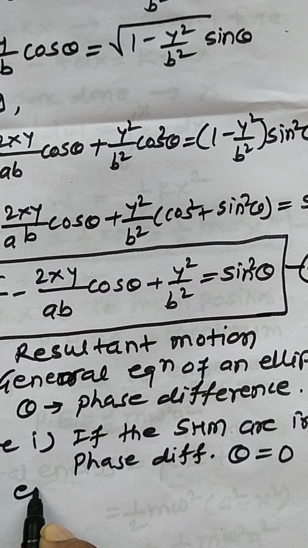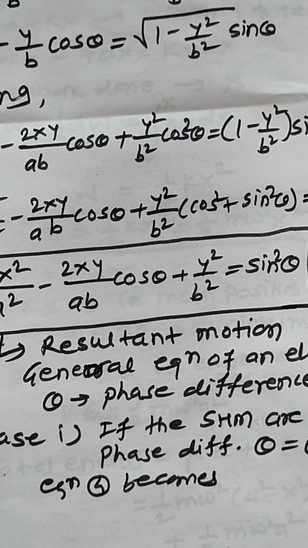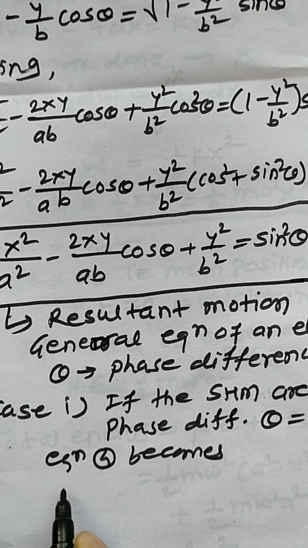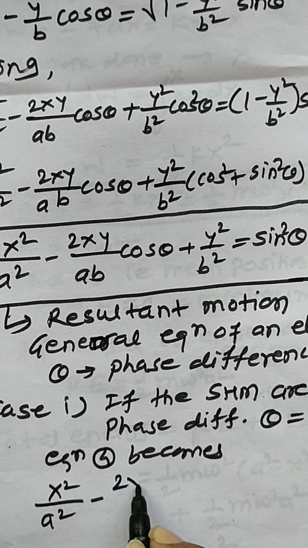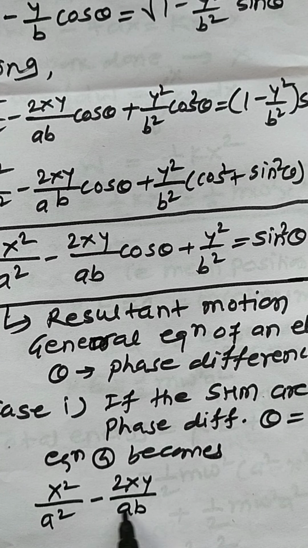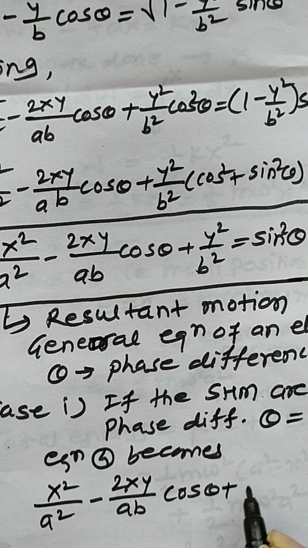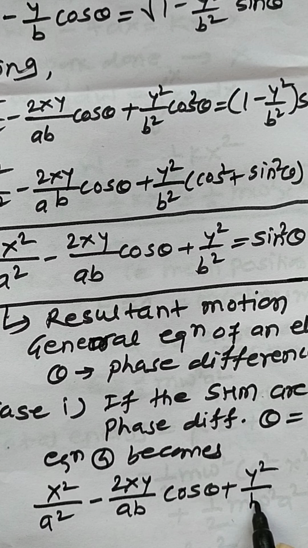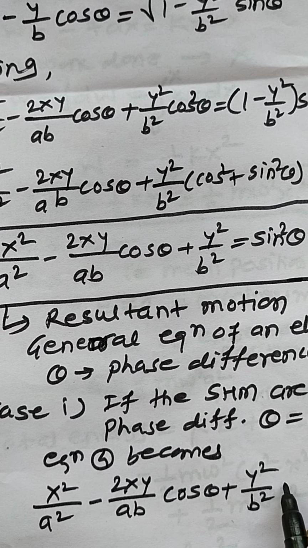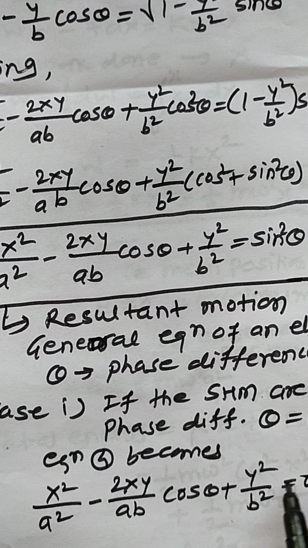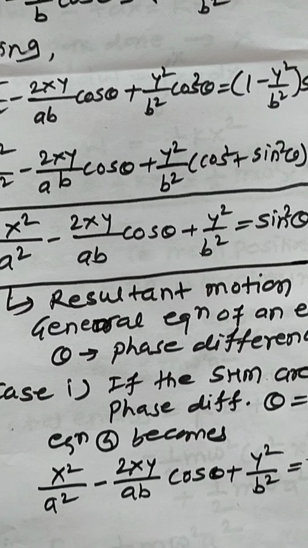So therefore equation 4 becomes x square upon a square minus 2xy upon ab cos theta plus y square upon b square is equal to 0, since cos 0 is equal to 1.